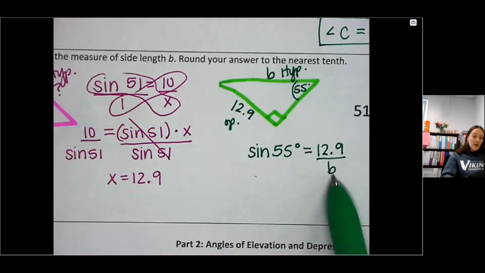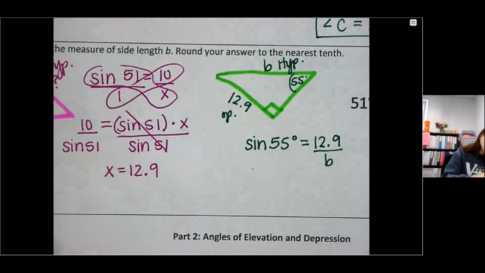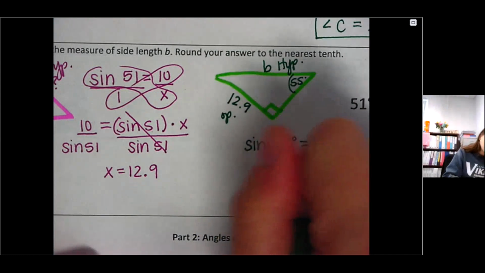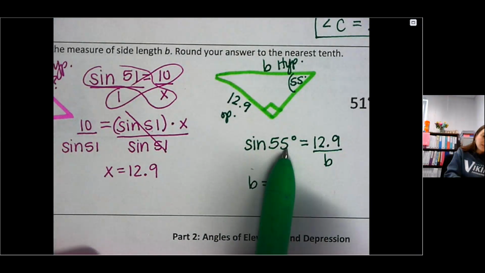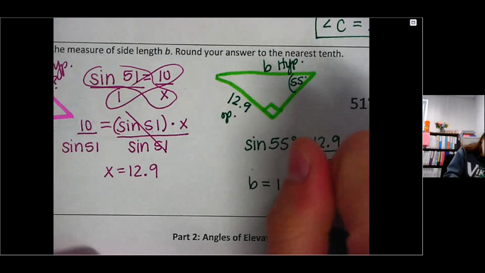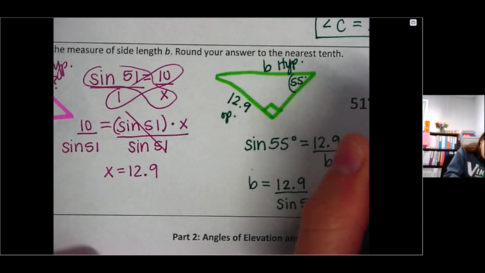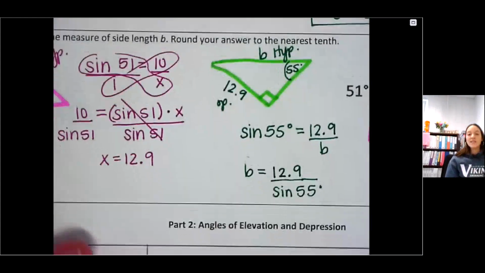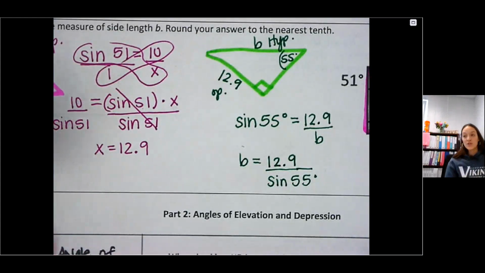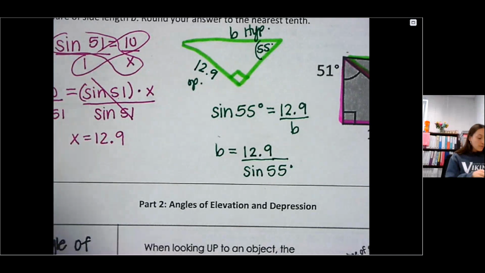So I already see that my variable is at the bottom. That means I'm going to have to divide these two numbers. So I'm going to take 12.9 and divide it by sine of 55. If you like that little trick, you can use it. If not, and you want to just continue to cross multiply, you are welcome to do that as well.